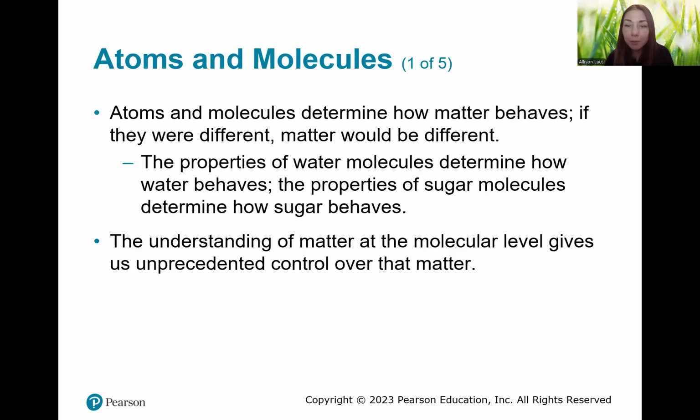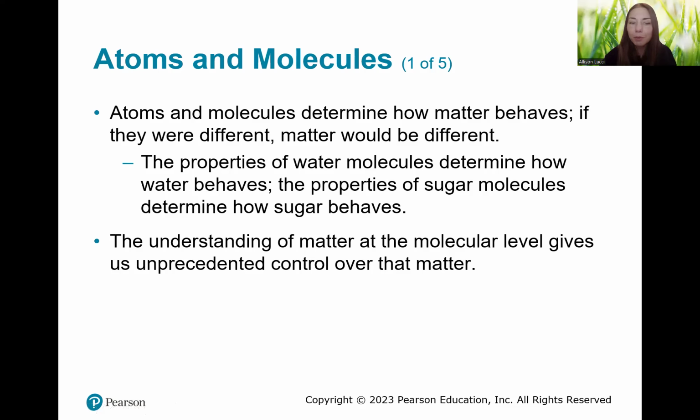The properties of water are determined by the fact that there's one oxygen and two hydrogens bonded together. This produces a type of physical property. These different bond types, and the properties of sugar molecules, also dictate how sugar behaves, whether it's crystalline in structure.